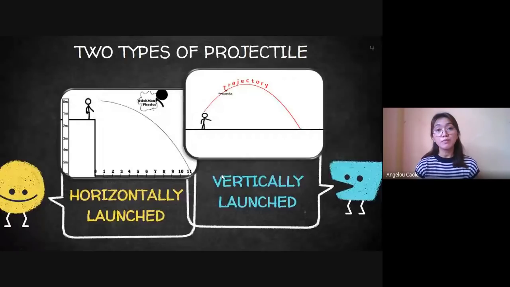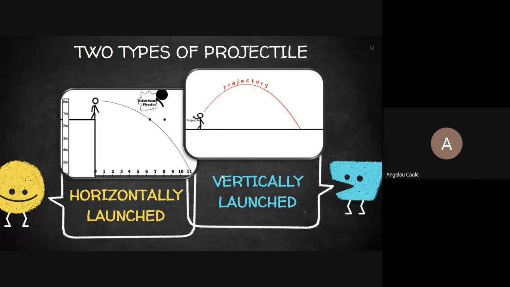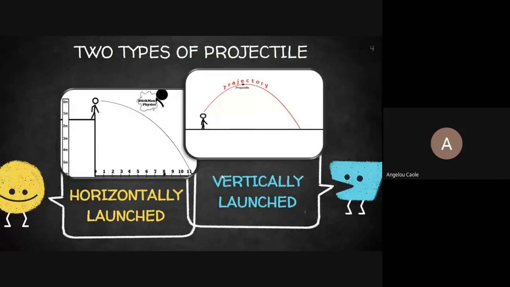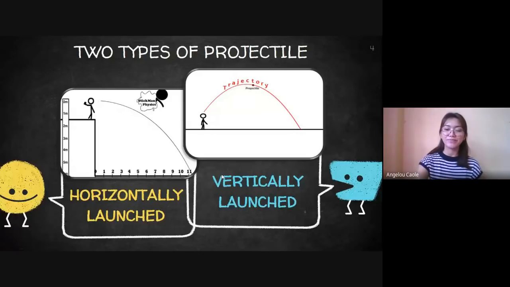It is sometimes called the downward motion, while the vertically launched projectiles have no vertical velocity at the top of the trajectory. Meaning, if the object reached maximum height, the vertical velocity is equal to zero. A vertically launched projectile is also called the upward and downward motion.